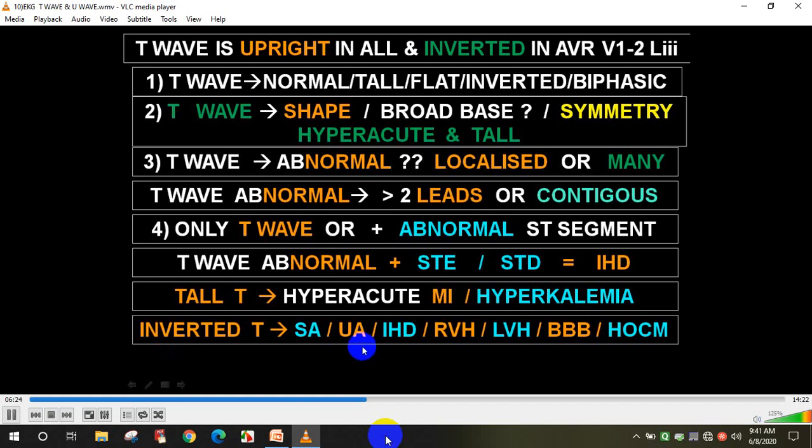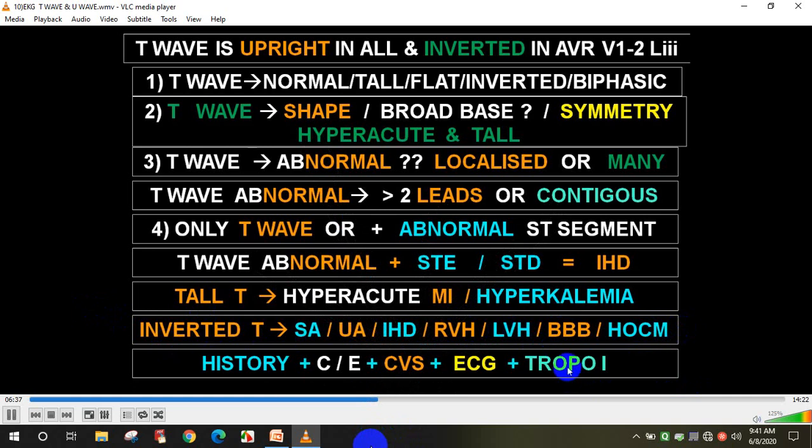This is very important to differentiate all these conditions, because RVH, LVH, bundle branch block and hypertrophic cardiomyopathy are not ischemic heart disease. And to differentiate that, you will have to do a troponin level apart from the ECG.